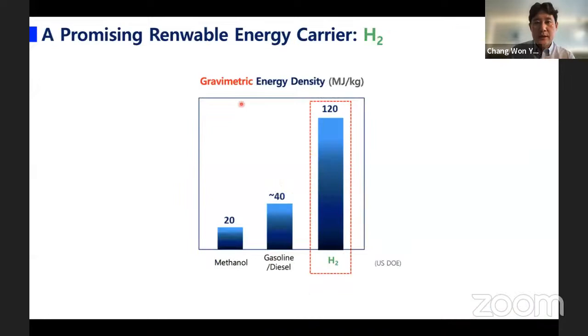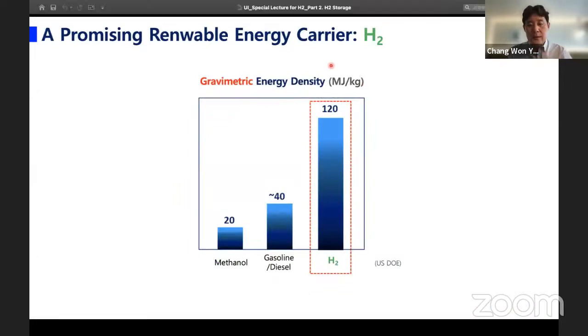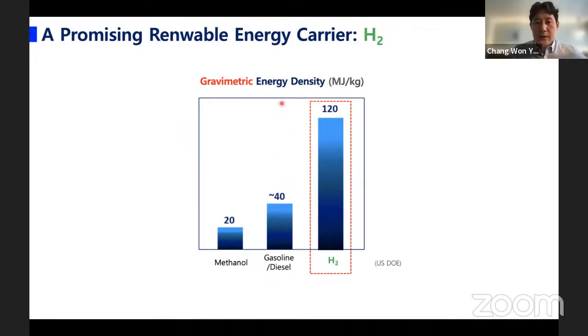Many scientists actually propose hydrogen as a promising renewable energy carrier, because if you look at this graph here, what it shows is the gravimetric energy storage density. That means megajoules per kilogram, so for 1 kilogram of fuel, how much energy can be stored. And as you can see here, hydrogen has a really, really high gravimetric energy storage density compared with gasoline, diesel, these types of fossil fuel.